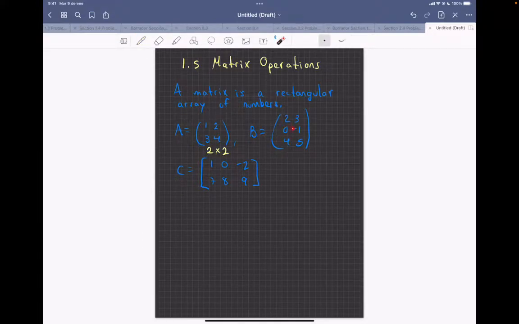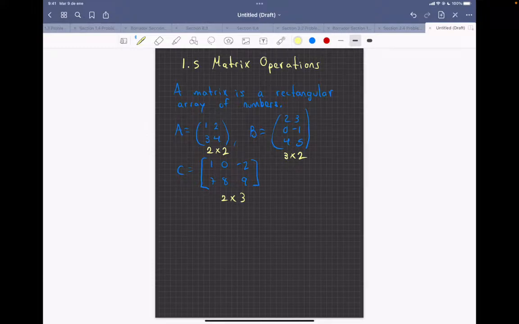This matrix has 3 rows and 2 columns, so it's 3 by 2. This matrix has 2 rows and 3 columns, so it's 2 by 3.